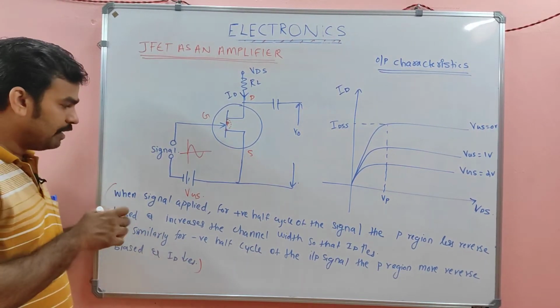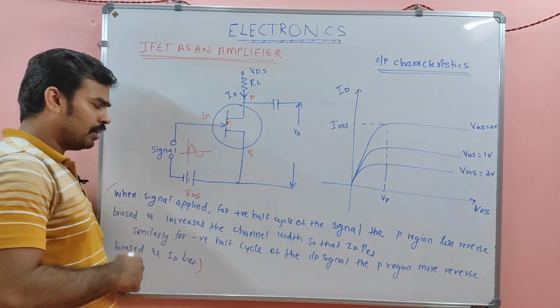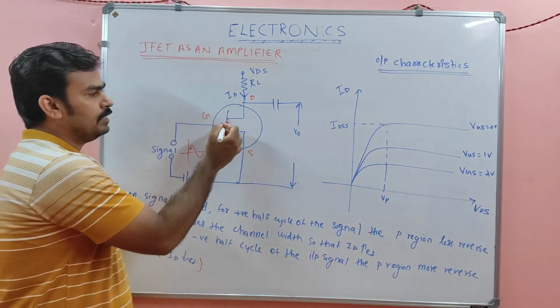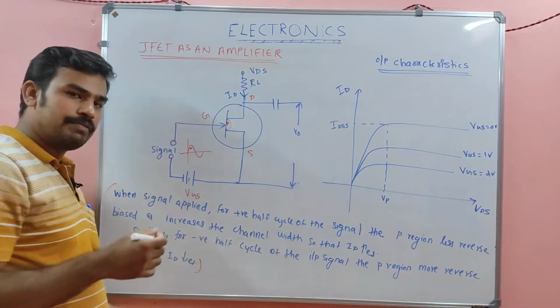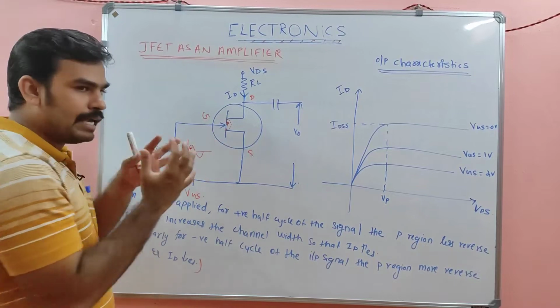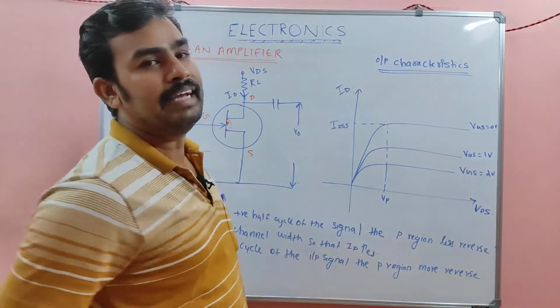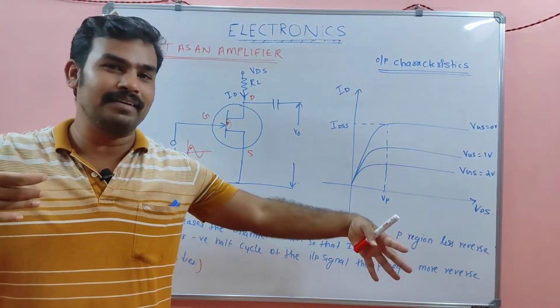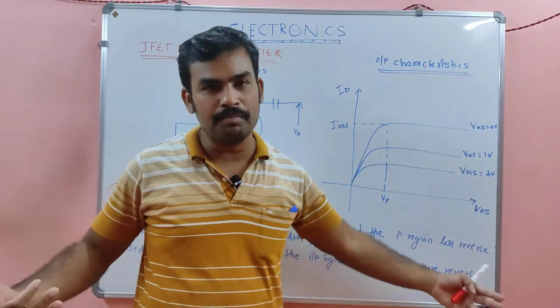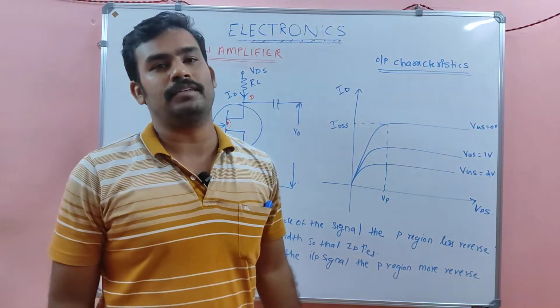See, my dear, when we are applying a signal, it contains positive and negative half cycles. For the positive polarity, this P and this P got forward biased, and effectively the reverse biasing will be reduced, right? So that the channel width will be increased. That means the depletion layer will be reduced, so that the channel width will be increased, so that ID will increase.